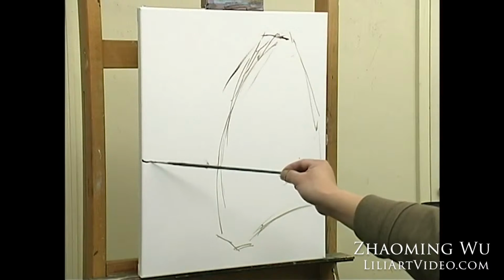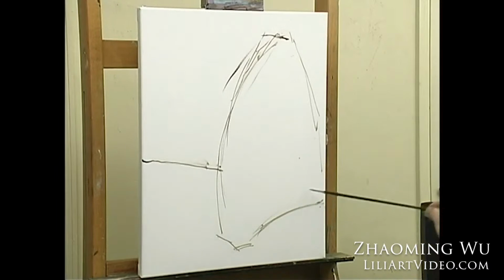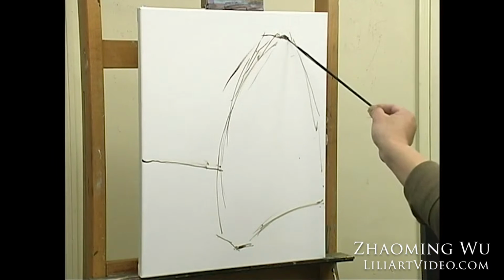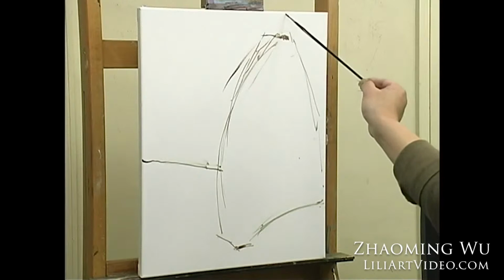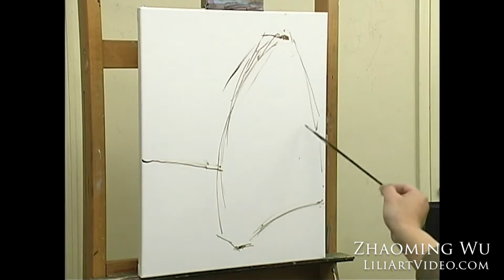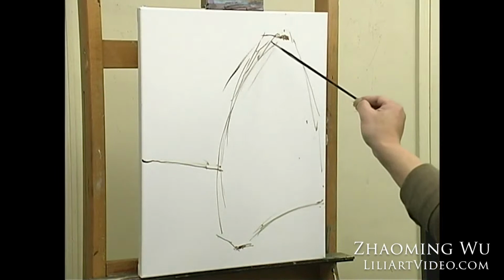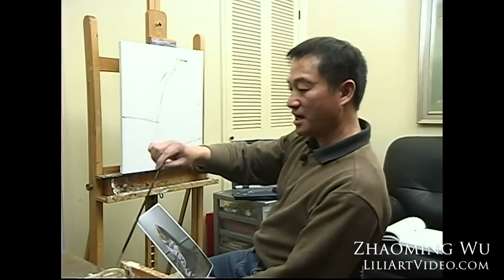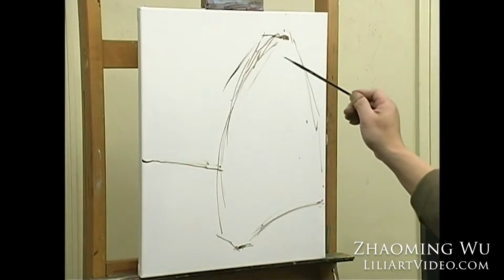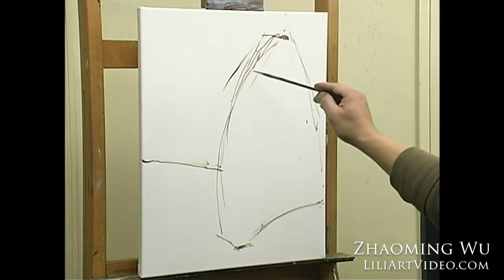Also the direction of the line, the location at the top, how much space to the edge on the top, how much space on the bottom, left, and right. Also, it's a little bit according to the photo reference, what inspires me or what allows me to have room to use that shape and space.